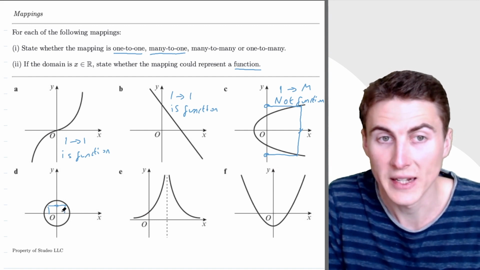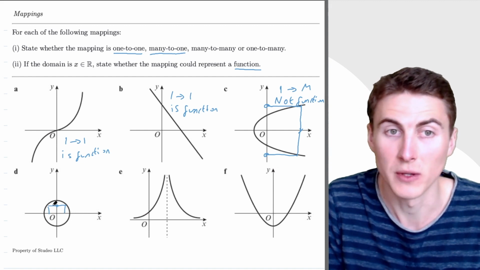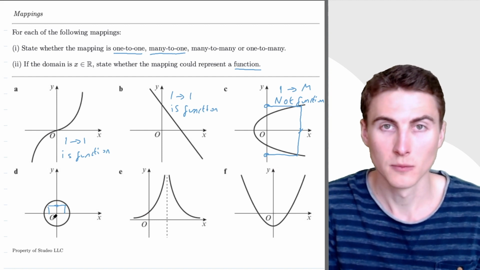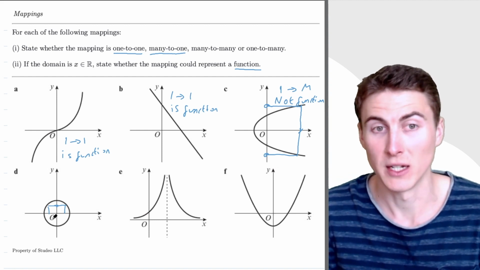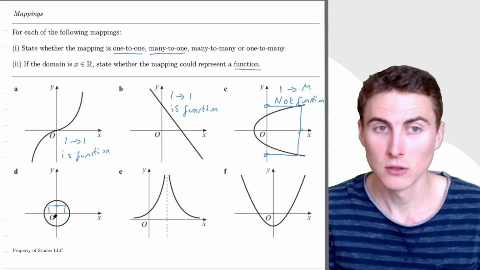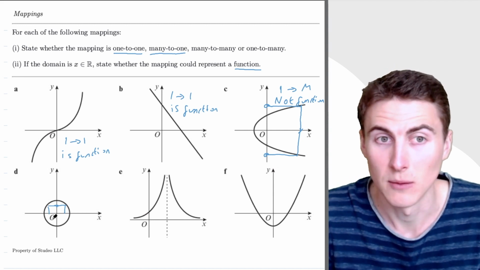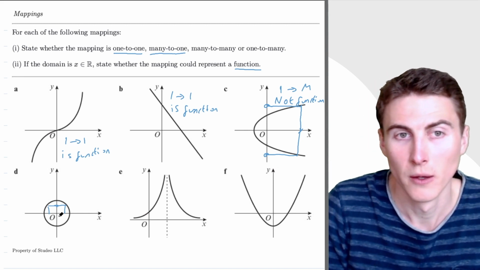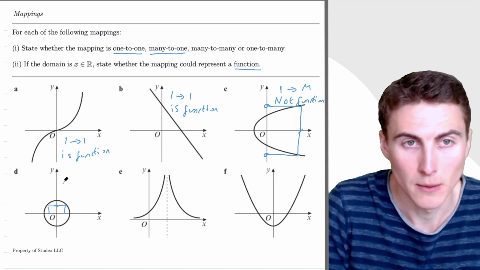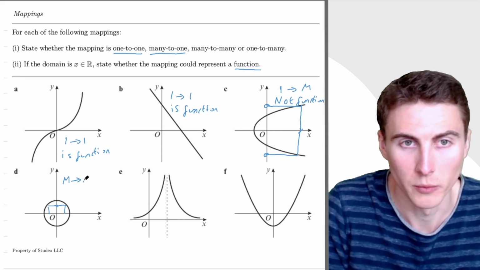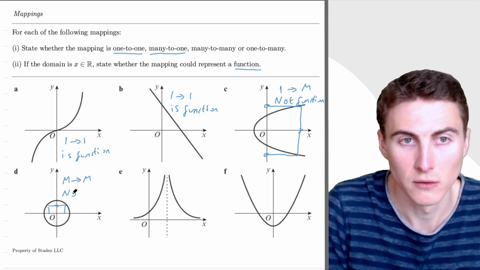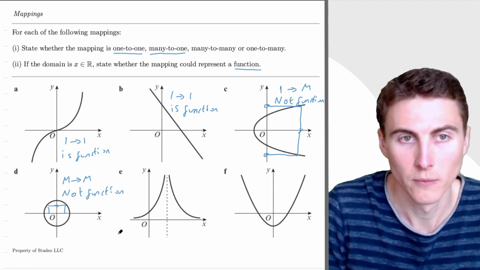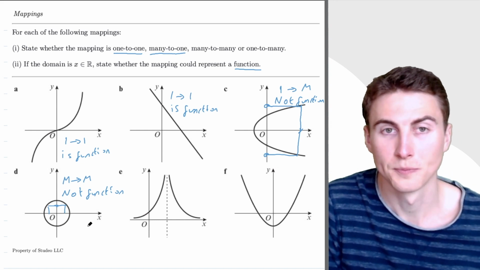So there are also many x values that can give me a particular y value, which would mean it's many-to-one. And if it's both of these things, it's many-to-many. So there are many x values that can give you the same or many different y values. So this one here is many-to-many. That's quite uncommon, to be fair. But very importantly, that's not a function. Okay, so remember, circles are not functions.